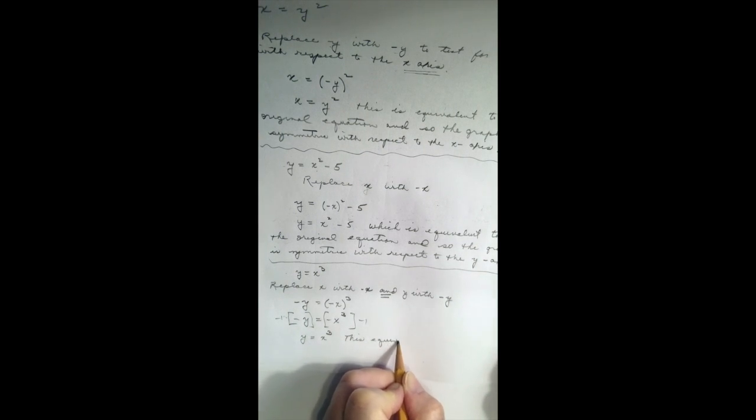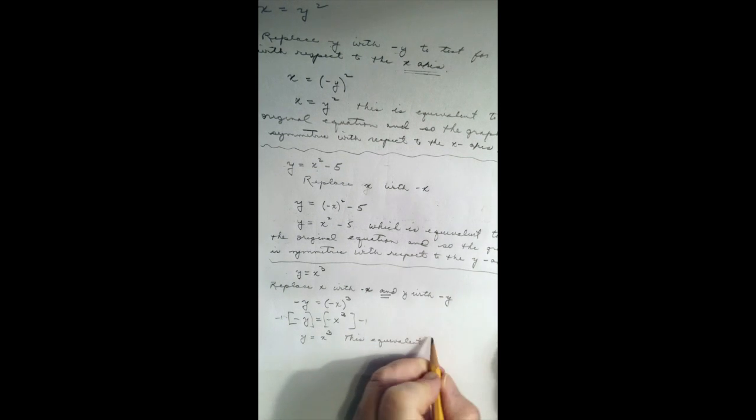And now, can we make this equivalent to the original? Well, yes, if we multiply both sides by negative 1, we get y equals x cubed, and this is equivalent to the original equation.